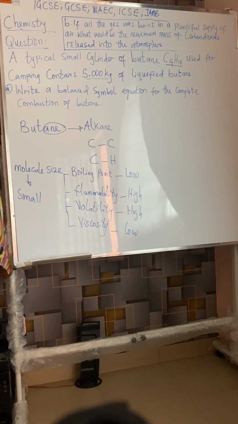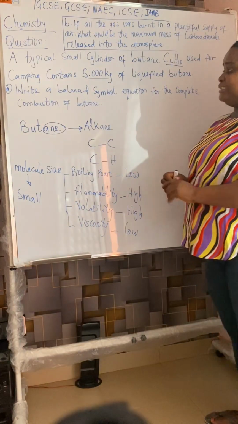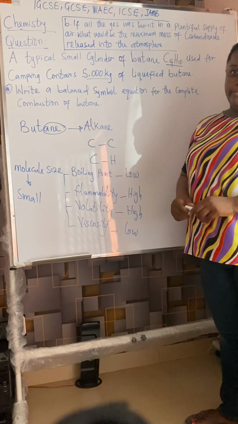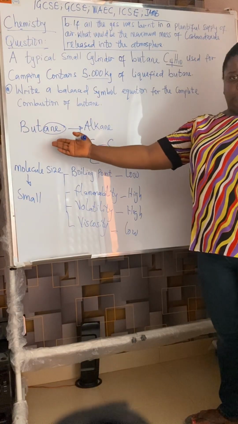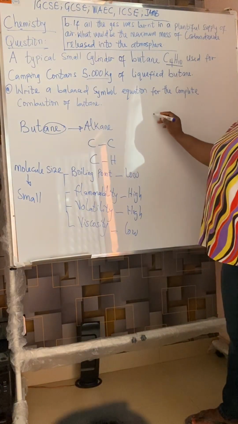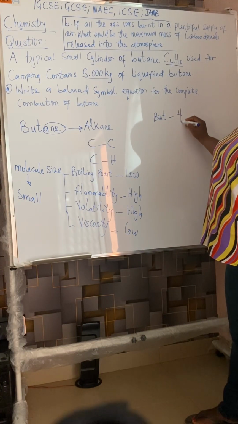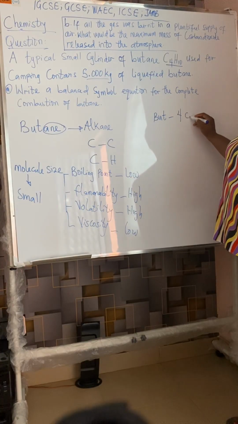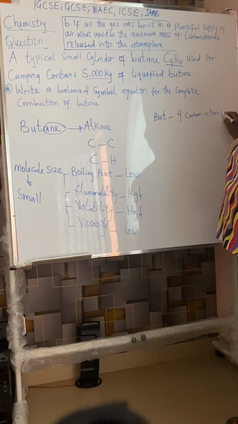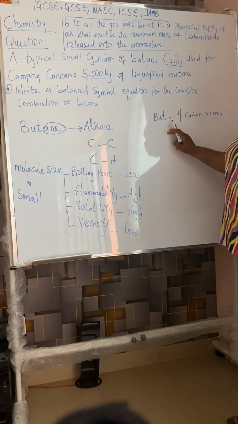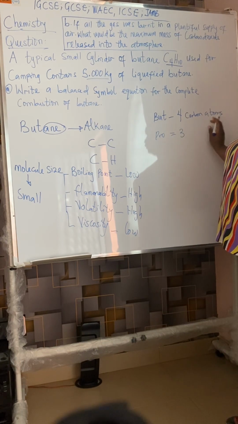Next, the next thing I'd like us to know is that if this is butane, then you should be wondering what this means. The prefix here, but, tells you that there are 4 carbon atoms. But if it is pro, 3 carbon atoms.